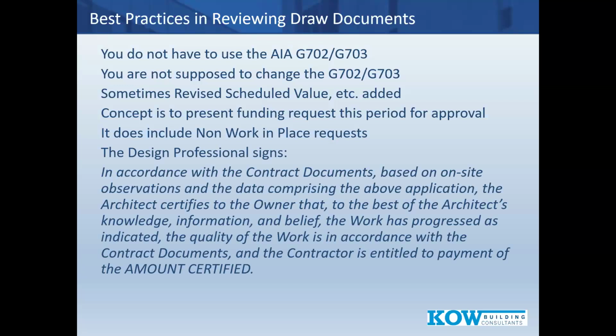It says, in accordance with the contract documents based on on-site observations and the data comprising above application, the architect certifies to the owner that, to the best of the architect's knowledge, information, and belief, the work has progressed as indicated, the quality of work is in accordance with the contract documents, and the contractor is entitled to payment of the amount certified. That's a very powerful statement. And it's the design professional, also known as the architect, RA, or could be a PE, that's signing and certifying that on the document.